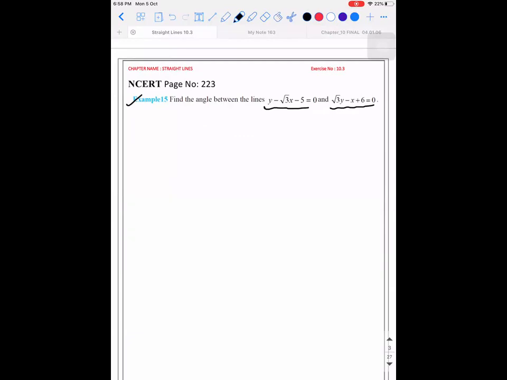What is the formula for angle between two lines? Tan alpha is equal to mod of m2 minus m1 divided by 1 plus m1 m2. This is also within a modulus. Modulus of m2 minus m1 divided by 1 plus m1 m2.